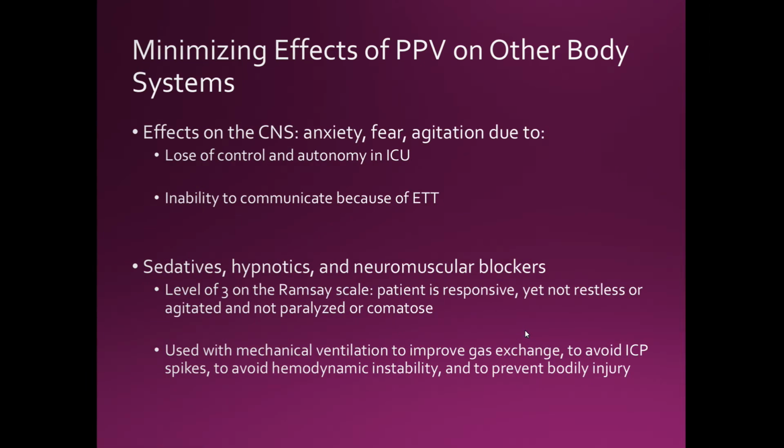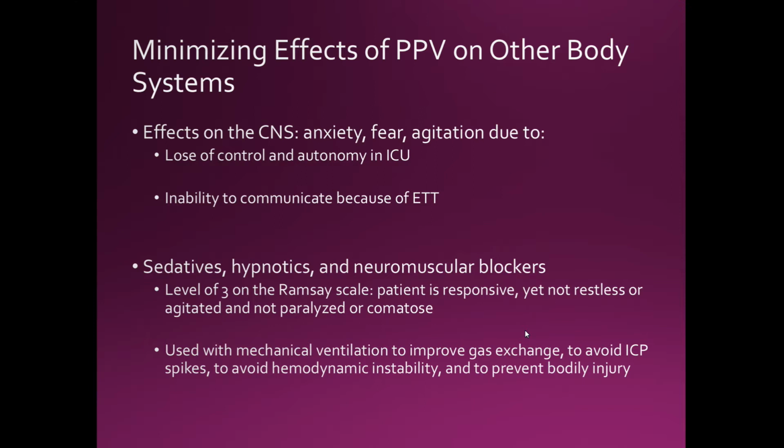So also it affects the central nervous system. Patients become scared. You've got a tube in your throat, and if you try reaching for that tube to take it out, guess what? You're going to be restrained. Now you're restrained, you've got a tube in your throat, you don't know what's going on, and no one's talking to you. So therefore, you're going to get scared.